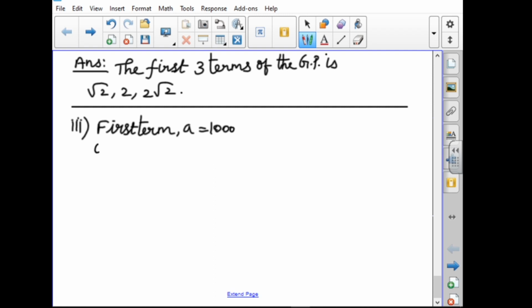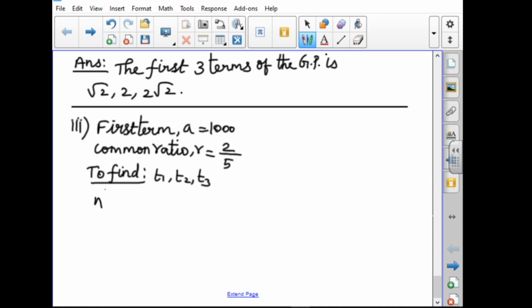Next R, common ratio. Common ratio, it is given as 2 by 5. So to find T1, T2, T3.